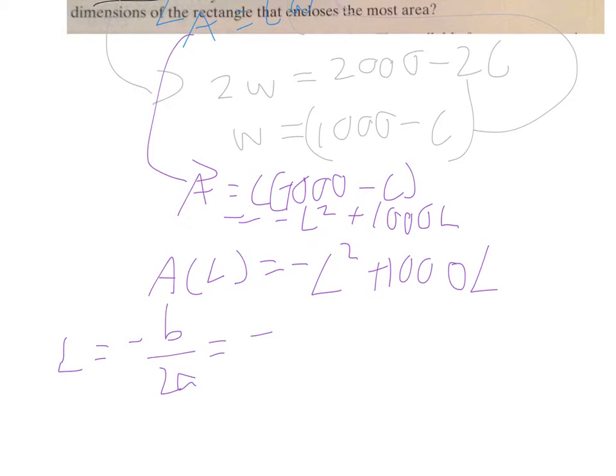Remember, b is the number in front of L, so it's 1000, and a is the number in front of the L squared, so it's negative 1. So the dimension for the length would be 500.